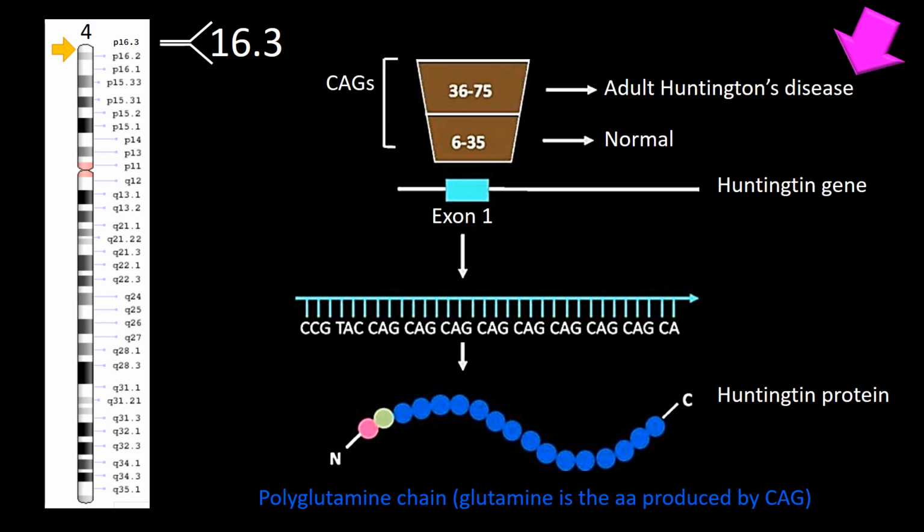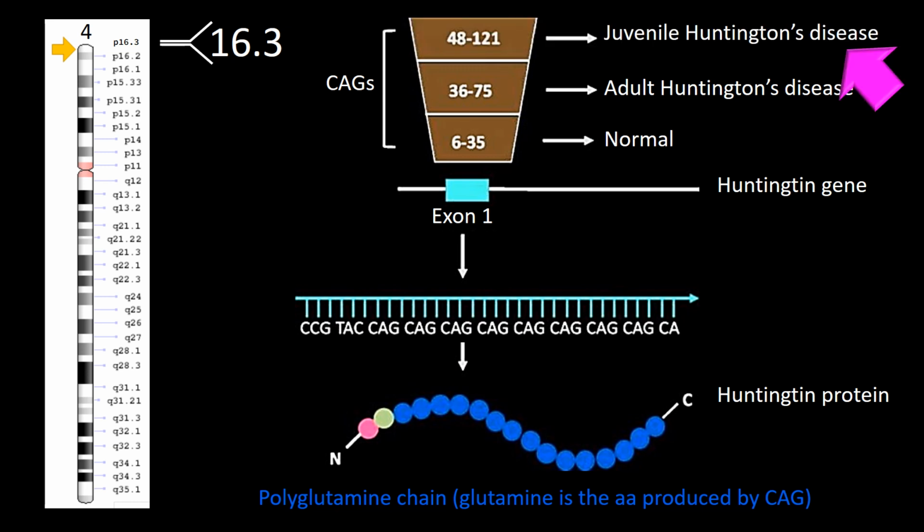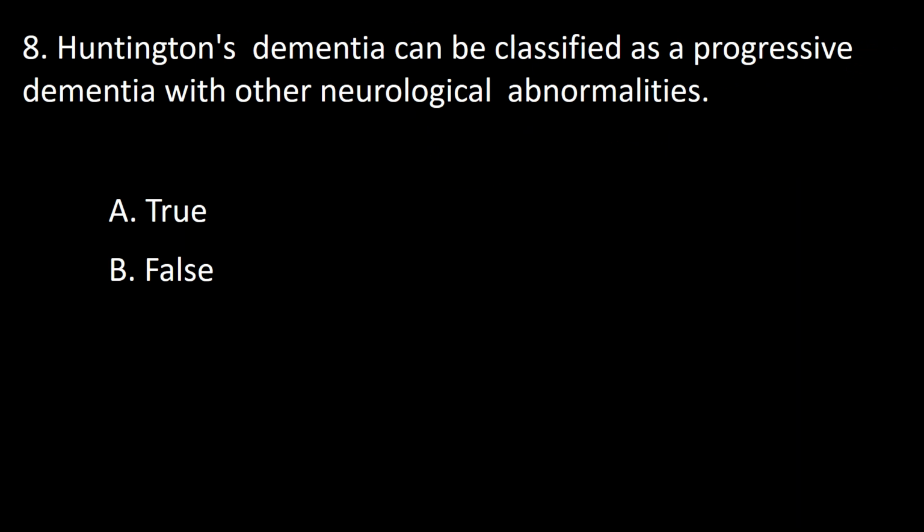In adult Huntington disease, we usually find around 36 to 75 repeats, and in juvenile Huntington disease, usually a very aggressive form, we find from 48 to 121 repeats. So the answer to this question is A.